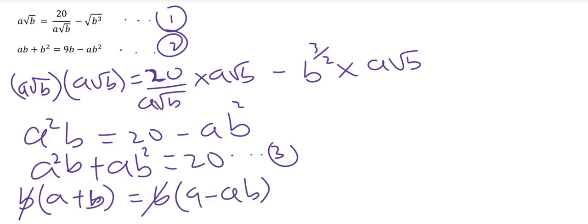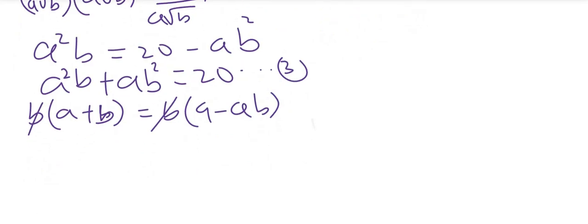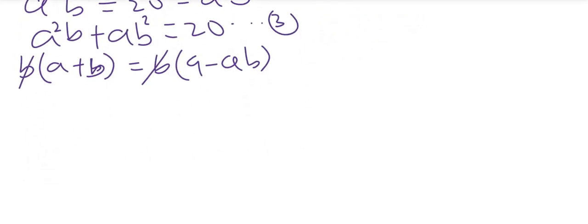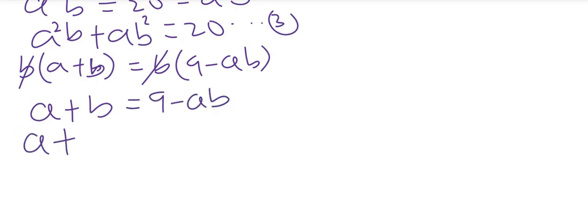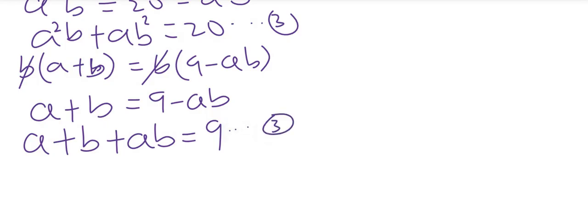So I can cancel out the two b's, that's dividing both sides by b. So what do I have left? I have a plus b equal 9 minus ab. Can take all the unknown to the left hand side. a plus b plus ab equal 9. So I can label this equation 4.